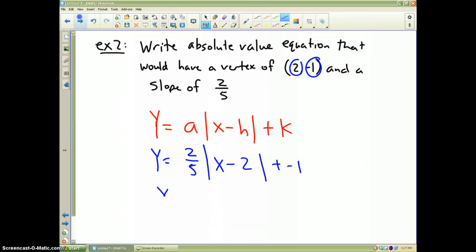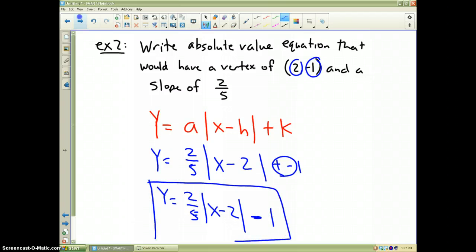And if I simplify that, I get y equals 2/5 times the absolute value of x minus 2, and then adding a negative means minus, so -1. And that would be how I come up with my absolute value equation based on any given transformations.